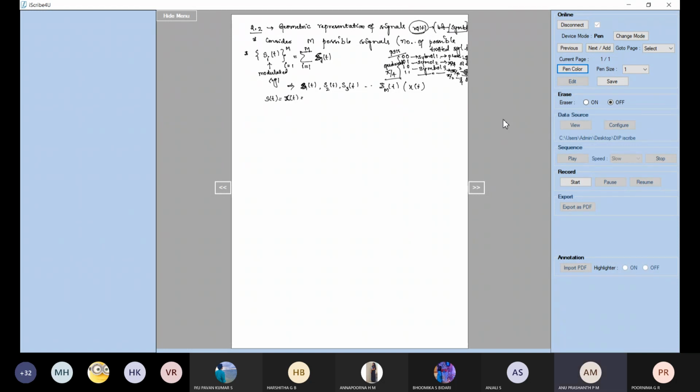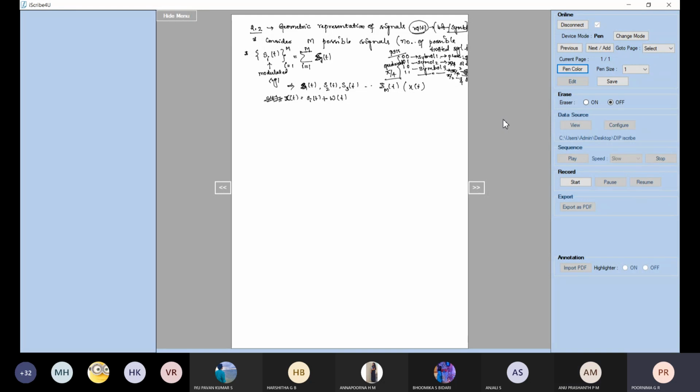What is the modulated signal, how do we represent it? Si of t. Si of t plus W of t we have considered as x of t.